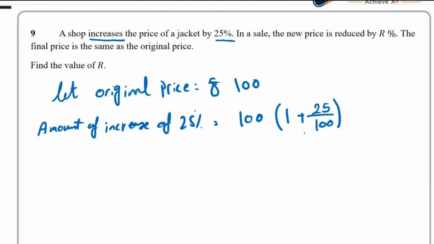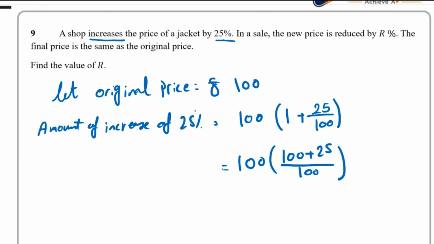and close the bracket. What we should do next is make the denominator the same here in order to add to the 1, which would be 100 plus 25 divided by 100, and this times 100 here.